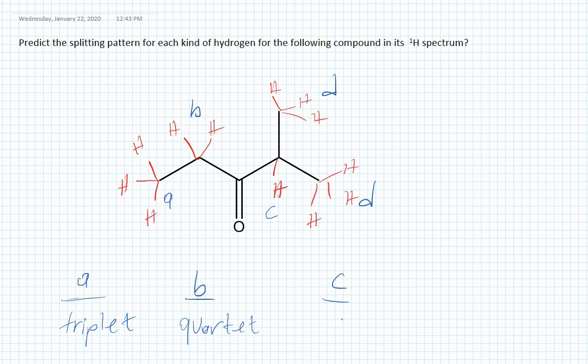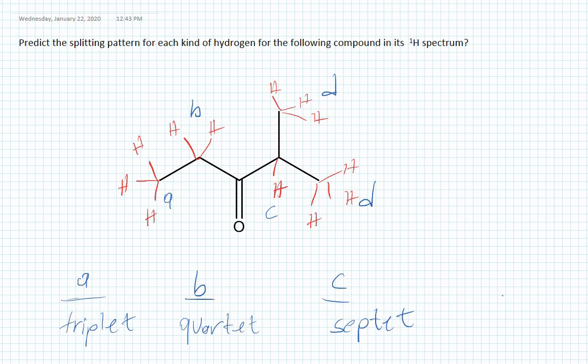So 6 plus 1, 7. So the peak for hydrogen at the C position will split into 7. So we will say it's a septet. Okay, 7 peaks we are expecting for C.